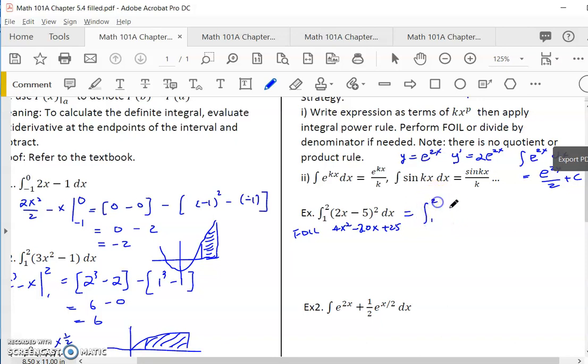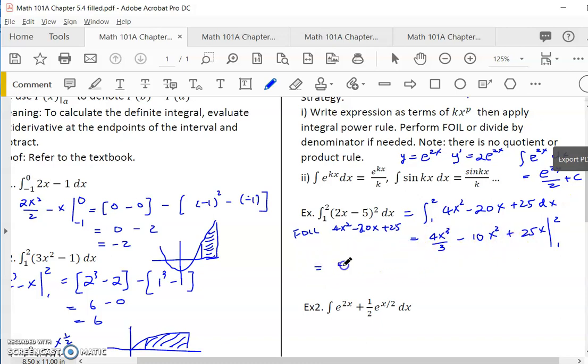This is a definite integral, so we do the integral of 4x squared minus 20x plus 25 dx first, which is 4x cubed over 3 minus 20 times x squared over 2, so 10x squared, plus 25x. And I'm going to evaluate from 1 to 2, plugging in 2 minus 1.